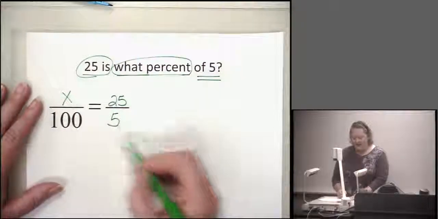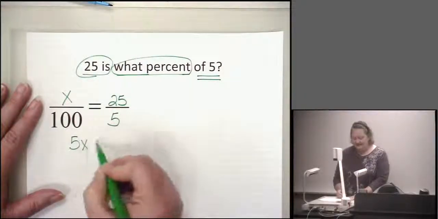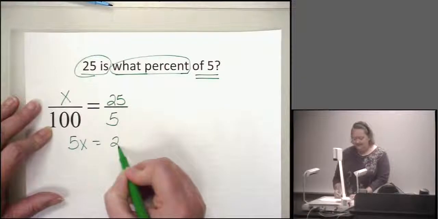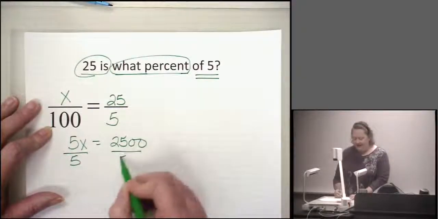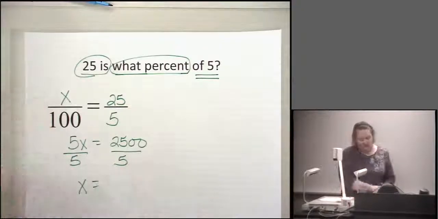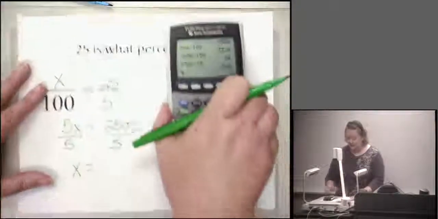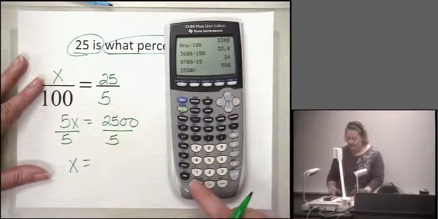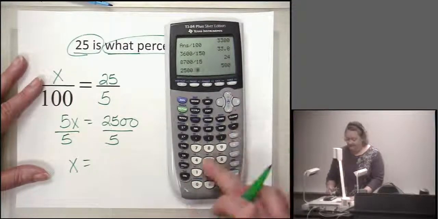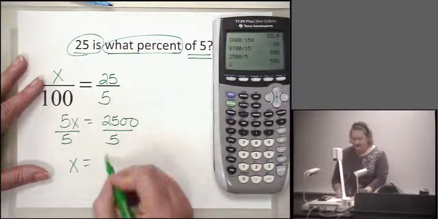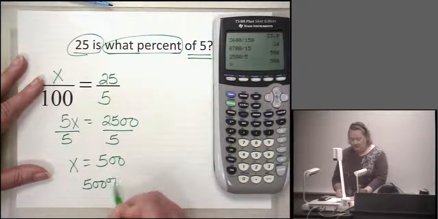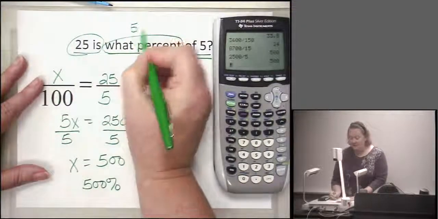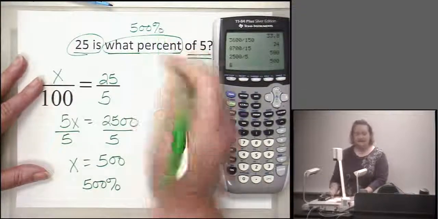So look what happens. We get 5x equals 2,500. Divide by 5. X equals 2,500 divided by 5, and we get 500, and that's 500%. Well, does that make sense in context?